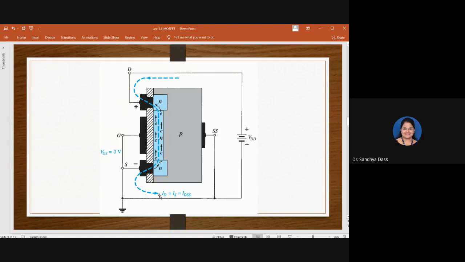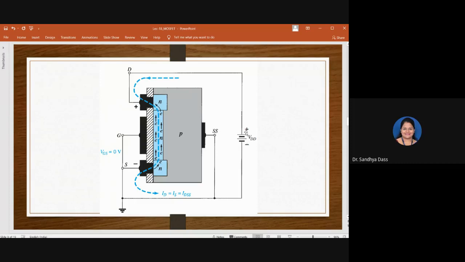So what happens? Observe here. When the gate terminal is maintained at 0 potential and VDS is applied between the drain and the source, the positive terminal of the battery is connected to the drain, which is the N-type material here.